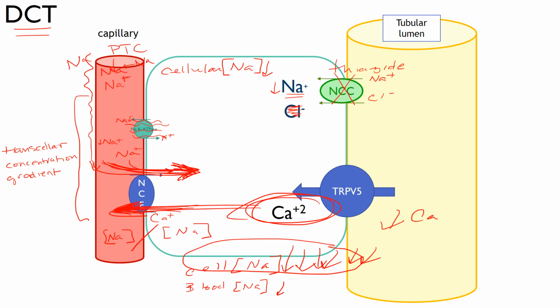And as a result, we start really tugging any and all calcium that's around. It's going to get massively moved out. And this is why there is a drop in calcium excretion in the presence of a thiazide.